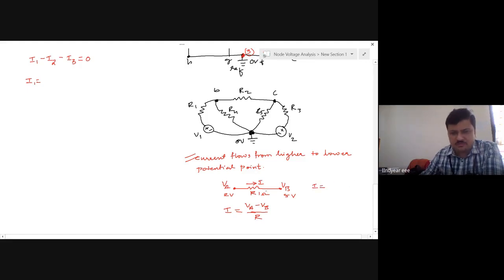With this direction of current, let me take IAB. It is VA minus VB divided by R, which equals 2 minus 5 divided by 1, that is minus 3 amperes.